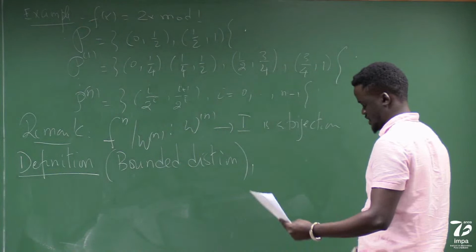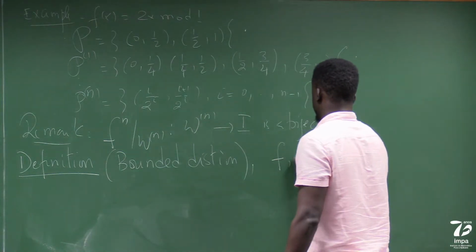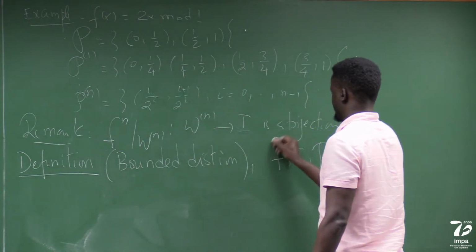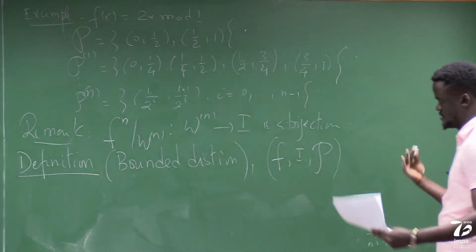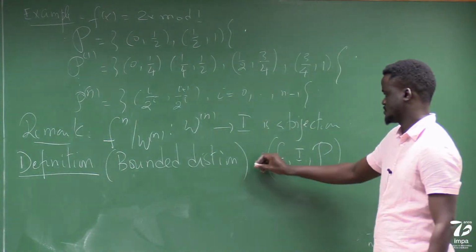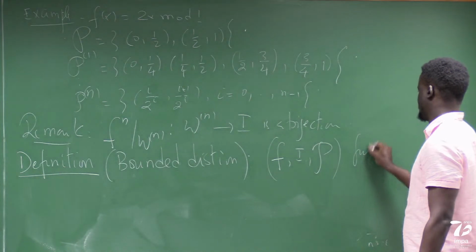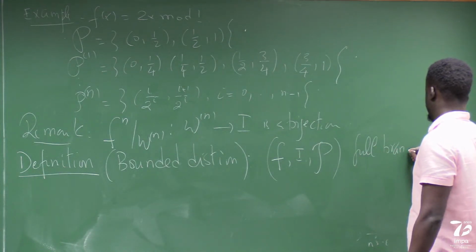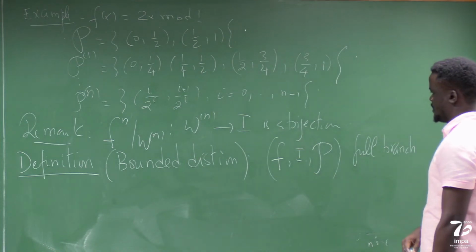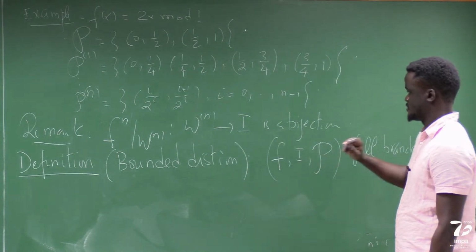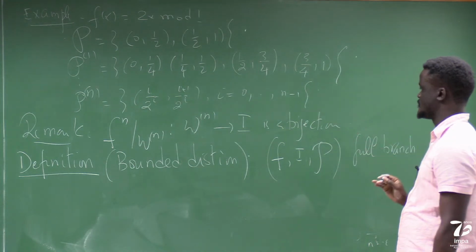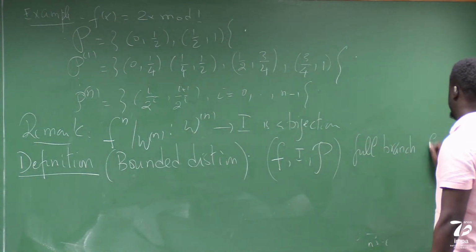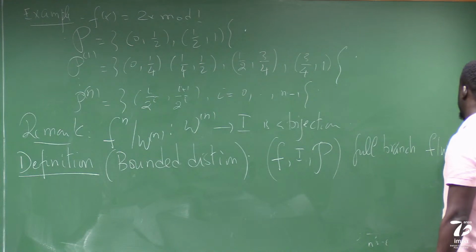So let's suppose that we have f from I to I. I define it for an interval, but you can define it for higher dimension also. A full branch map, and let's suppose that f restricted to each omega alpha is C1, is differentiable.